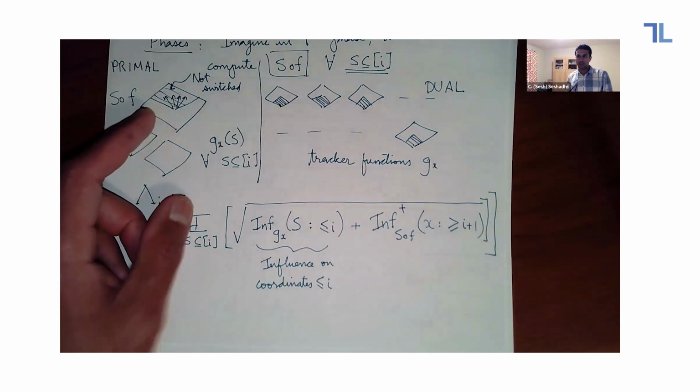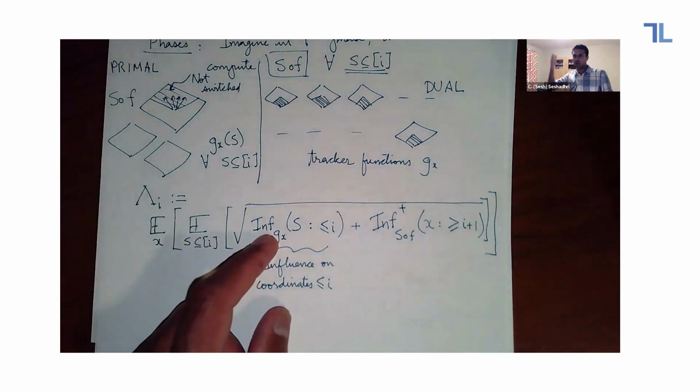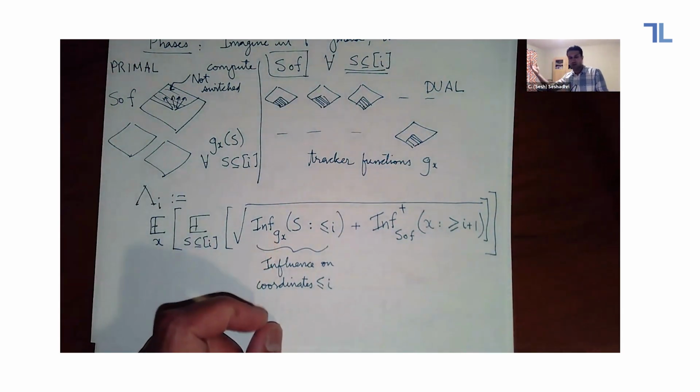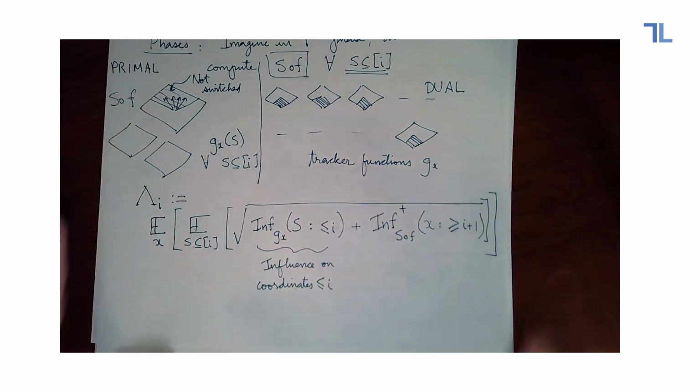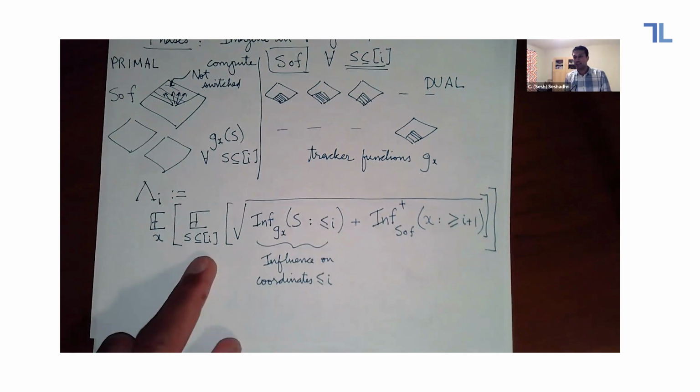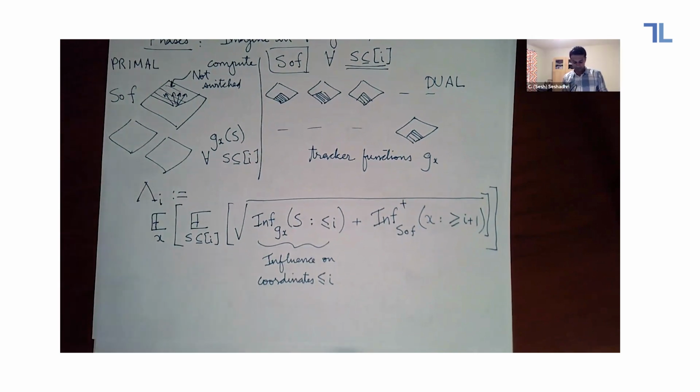So as you keep switching, you're going to do it in the dual, but in the coordinates that you have not switched, you do it in the primal. So S is only a subset of i, and I'm continuously increasing i.